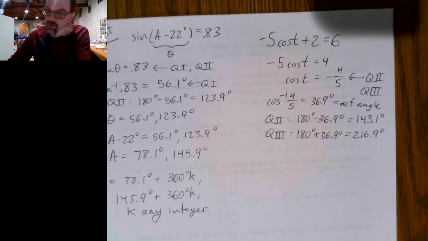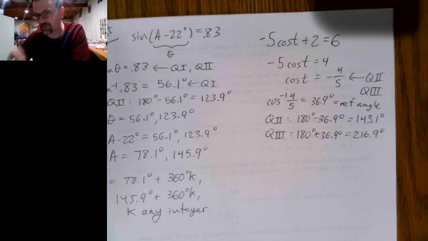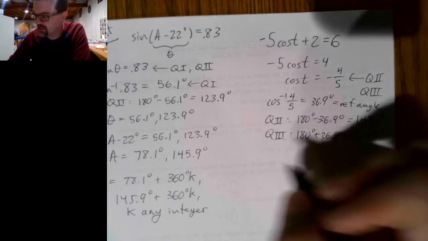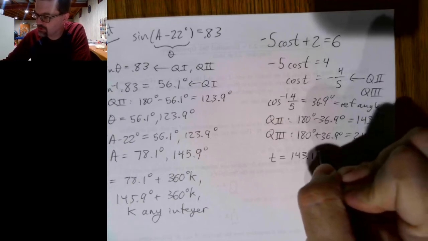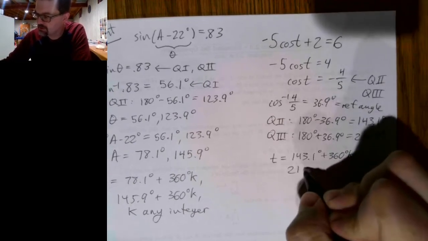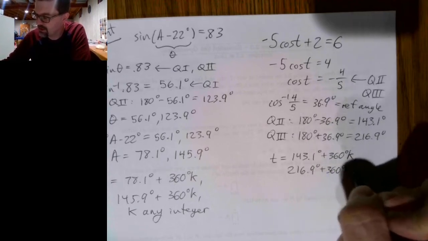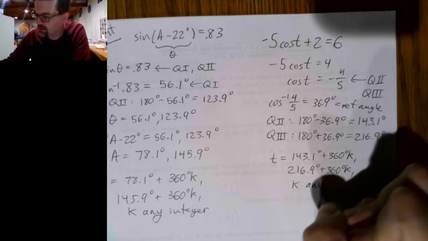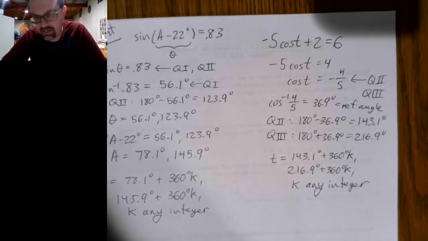To make sure we have all the solutions, it's these two plus anything coterminal with them. So in the end, our variable t is 143.1 plus 360k, 216.9 plus 360k, k any integer. The end.